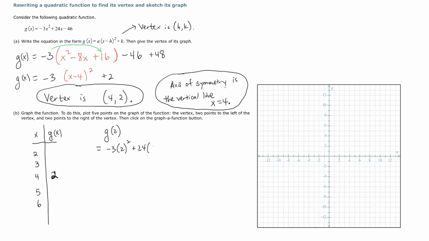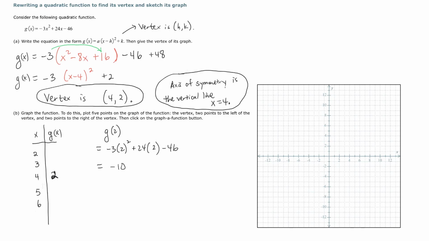Make sure you put that 2 in parentheses. And subtract 46. We get, what do we get here? We get -12 add 2, which is -10.